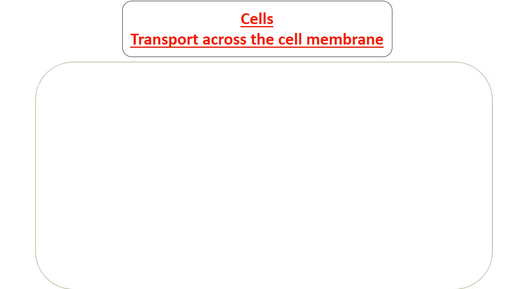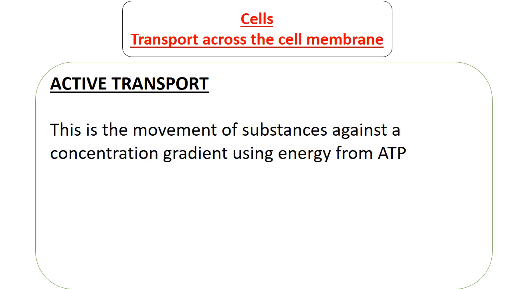So the last mode of transport across the cell membrane is called active transport. It is defined as the movement of substances against a concentration gradient using energy from ATP. This part which says against a concentration gradient means moving from a region of low concentration to a region of high concentration.